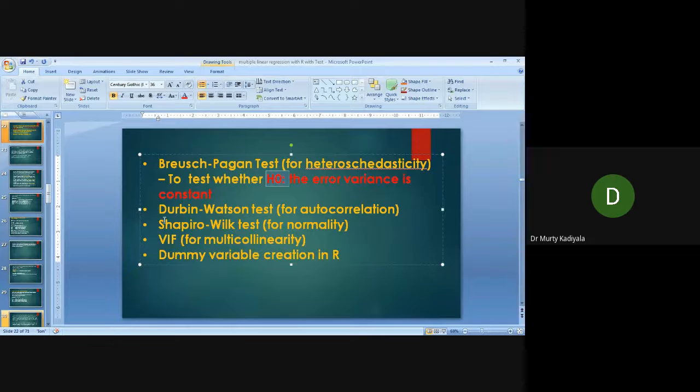Right. Durbin-Watson test. This is also one of the assumptions. The errors should not be correlated. Autocorrelation, what do you mean by autocorrelation? Any idea? To check the independence of the variables.